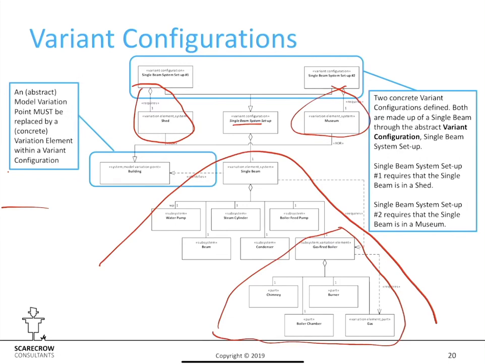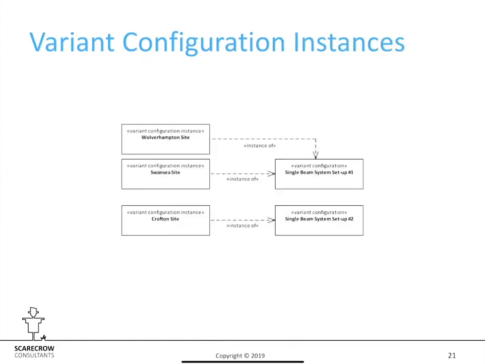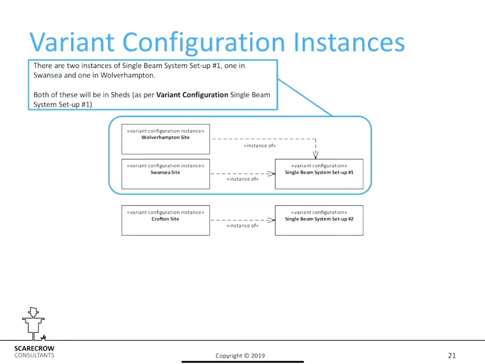We can also show instances of those variant configurations now. So we have variant configuration instances, and here we've got two instances of the single beam system setup number 1.